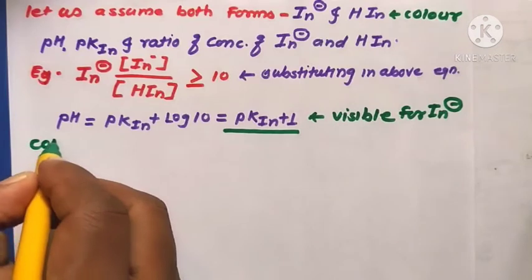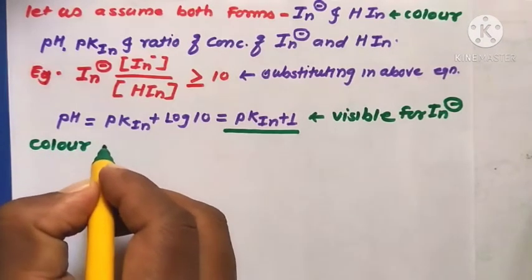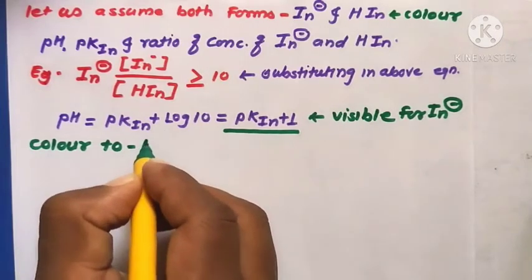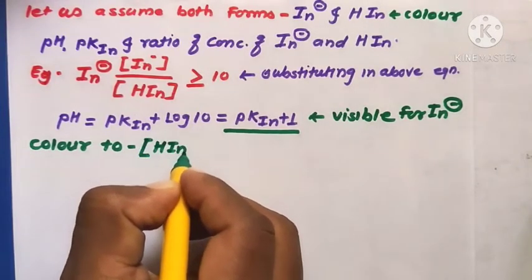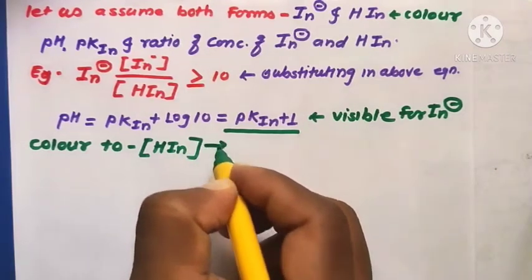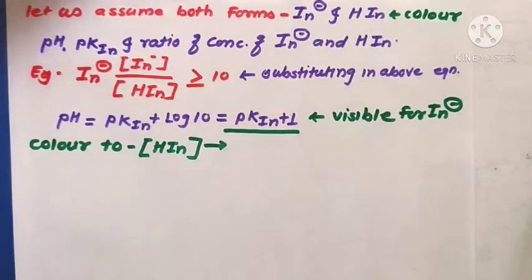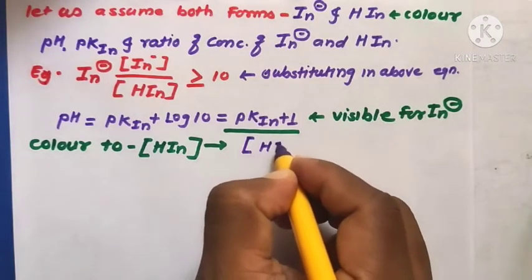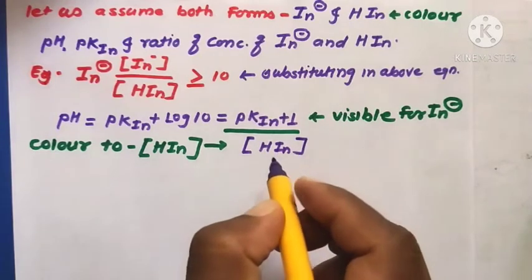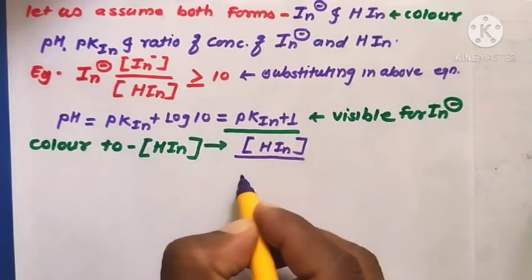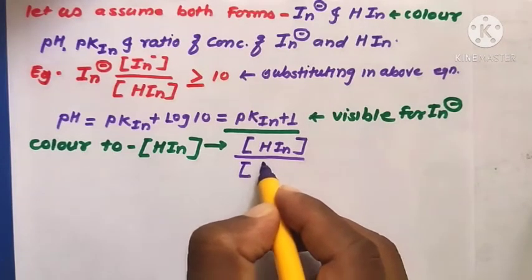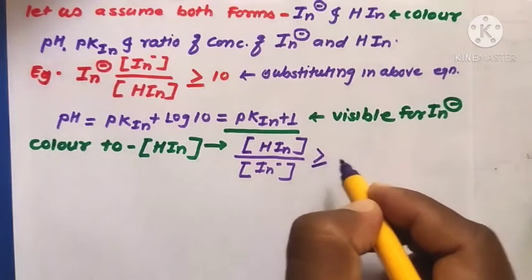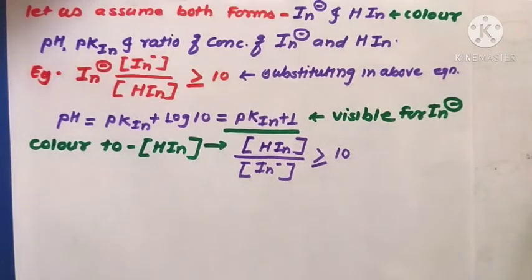Similarly, the minimum concentration ratio at which the color due to the form HIn, that is the indicator, is visible will be the concentration of HIn divided by the concentration of In minus, greater than or equal to 10.